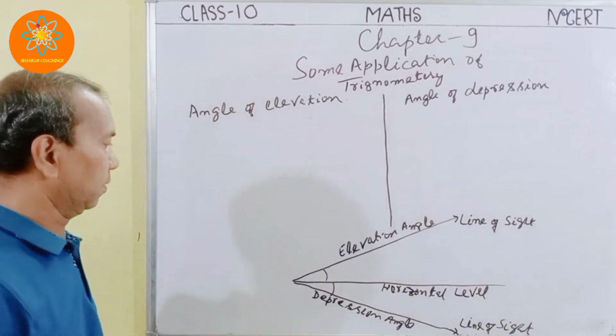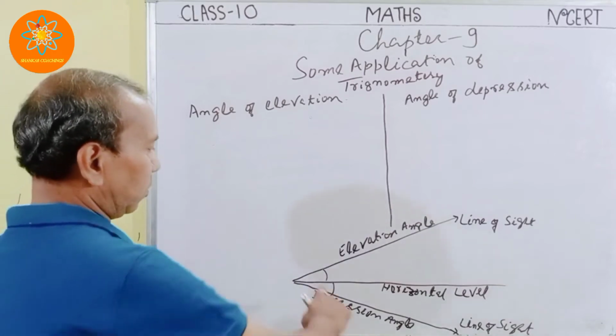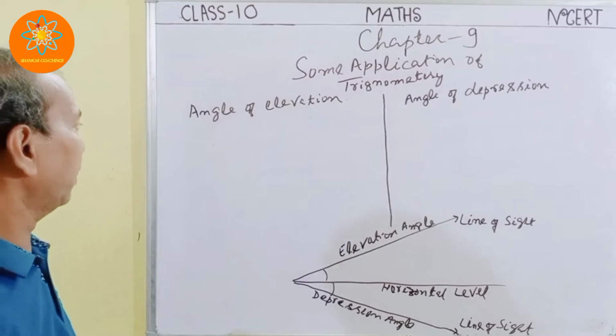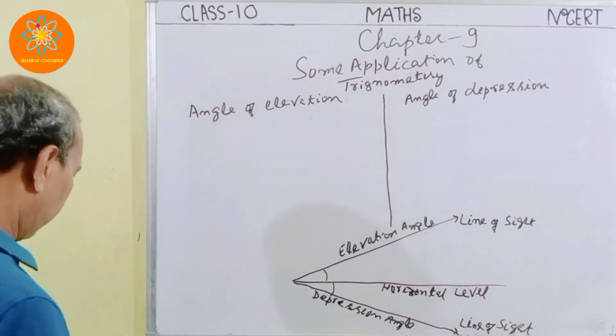Horizontal level, elevation angle, depression angle. This is also called the line of sight. Then, how to define the angle of elevation?